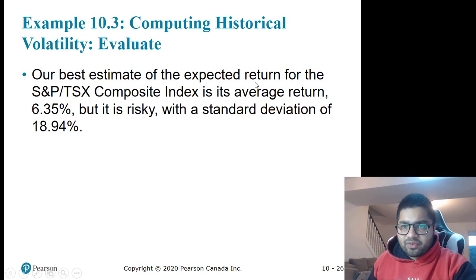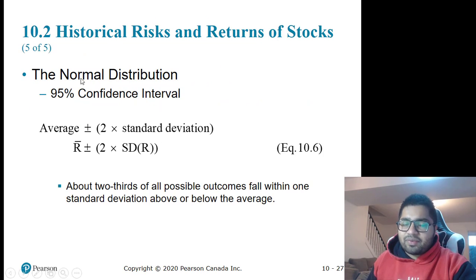Our best estimate of the return of the S&P 500 index is the mean, but the risk is much higher, 18.94. Then we discussed the normal distribution 95% confidence interval rule, which says that average plus or minus 2 standard deviations covers 95% probability. About 2/3 of all possible outcomes will fall within 1 standard deviation.